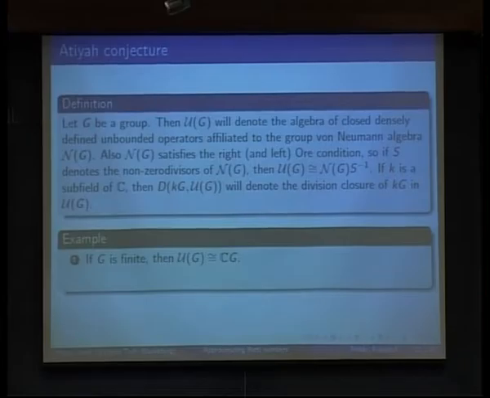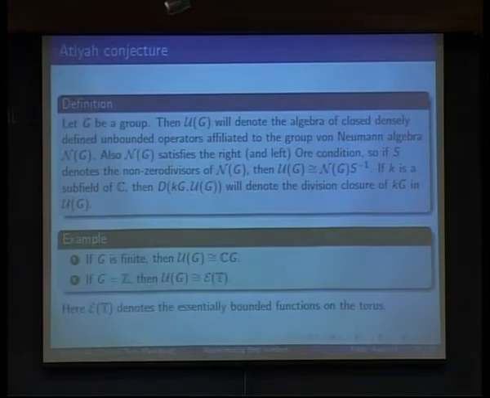If you're unfamiliar with this, if G is finite, U(G) is just isomorphic to C[G]. If G is Z, then U(G) will be, I'm not quite sure what the correct letter is, but it will be isomorphic to the essentially bounded functions on the torus.